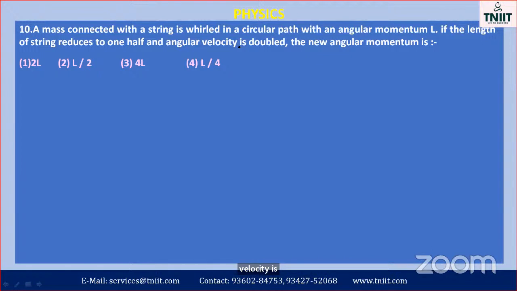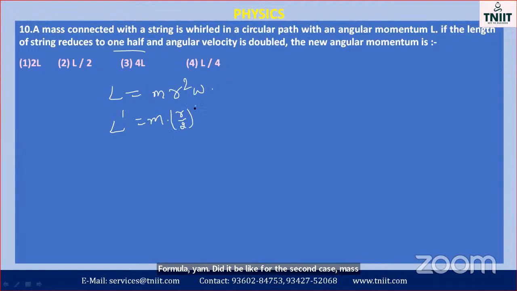Direct question, students. What is the angular momentum formula? It is just m r squared omega. Let it be the same for the second case. Mass remains the same. Length is reduced to half, so r becomes r by 2, whole squared.